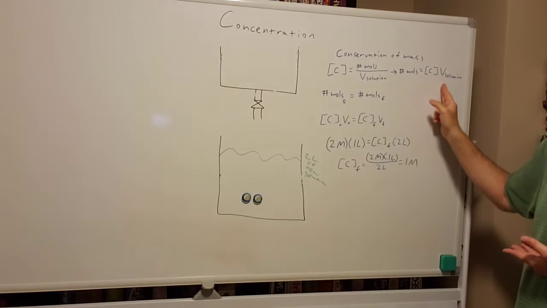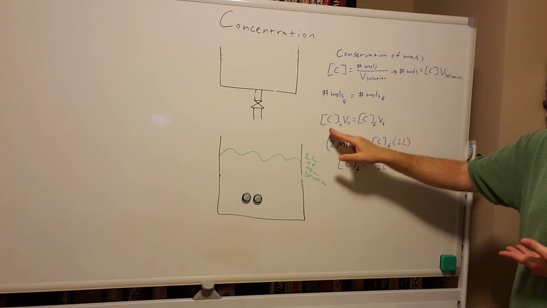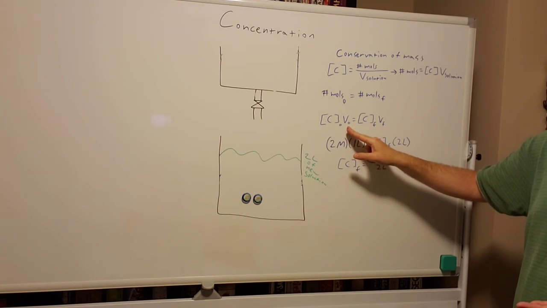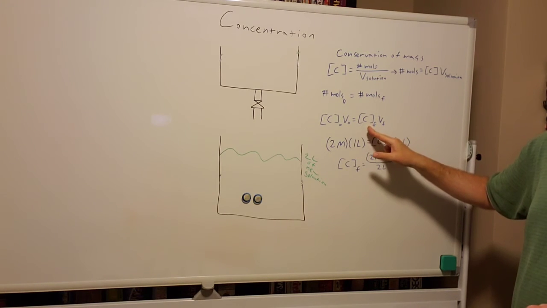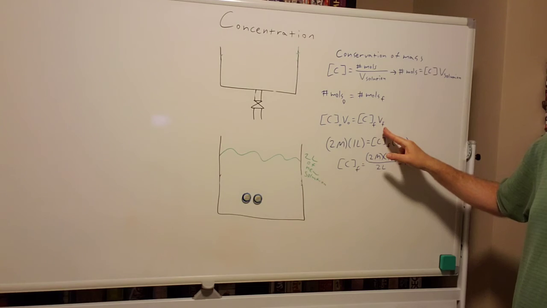Using this equation we just derived, I can substitute the concentration initial multiplied by the volume of the solution initial must equal the concentration at the end, or final, multiplied by the volume of the final solution.